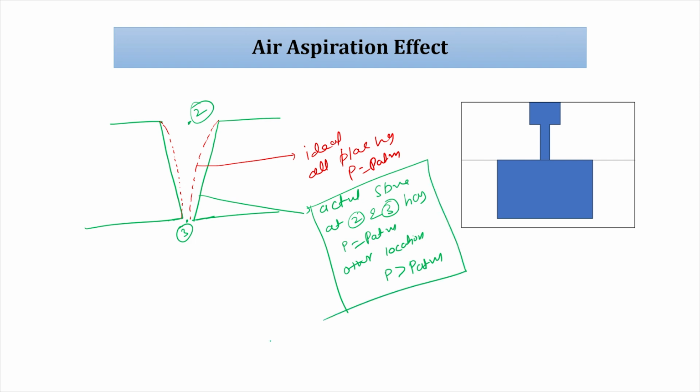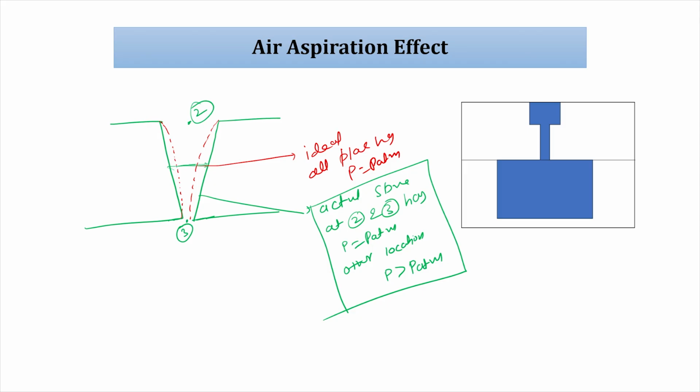You can check here, what is happening? You are indirectly increasing the area. What does it mean? You are decreasing your velocity. Ideal has some velocity, so actual has lower velocity. If velocity is lower, pressure should not be less than atmospheric.